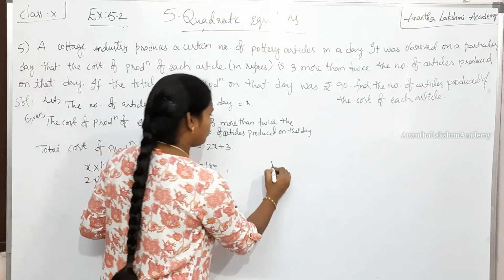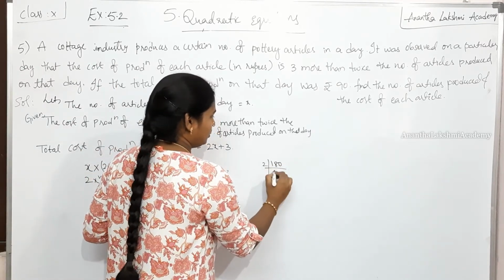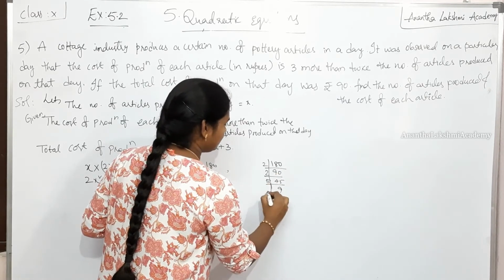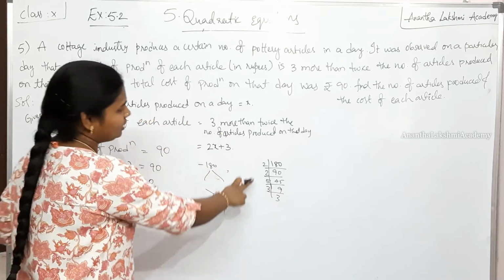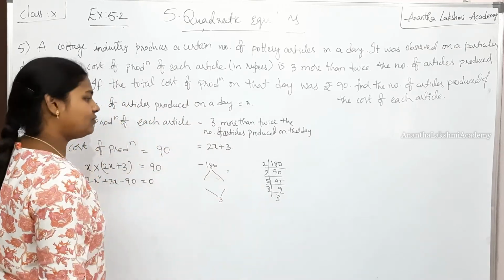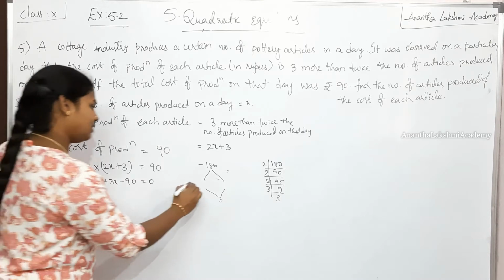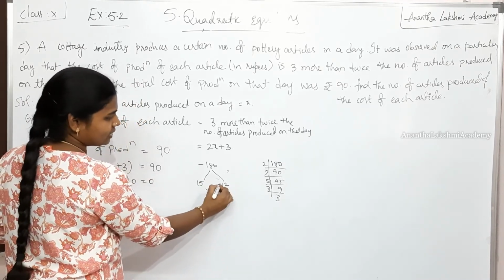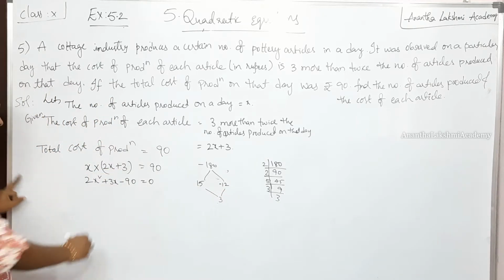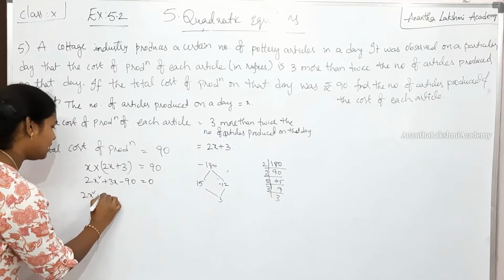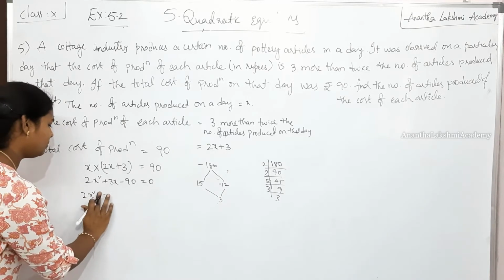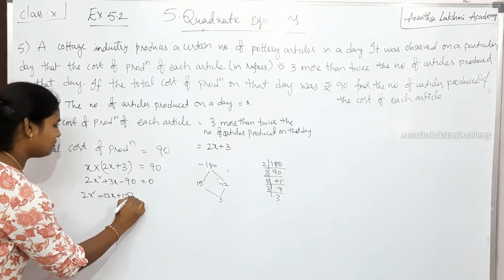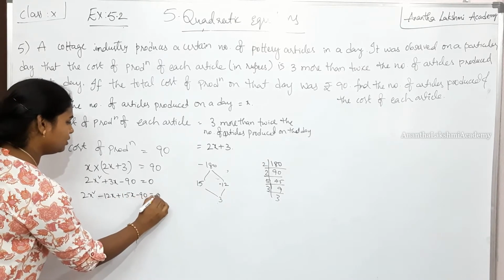Let us try figuring out the factors of 180. 15 twelves are 180, but the sum has to be plus 3, so the negative sign will be given to 12. Now let me write it as 2x square minus 12x plus 15x minus 90 equal to 0.